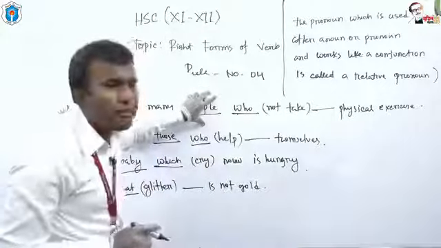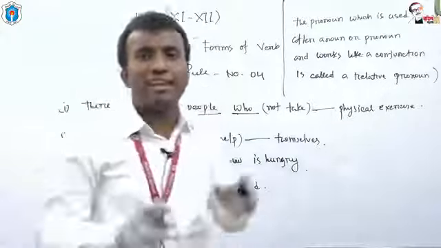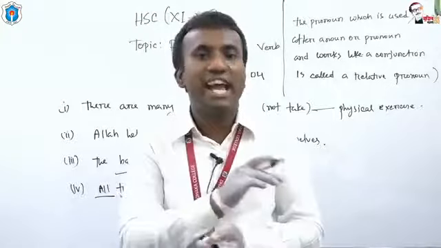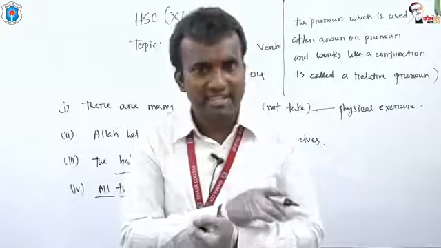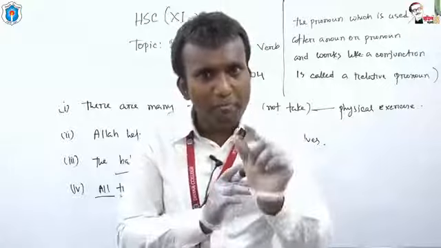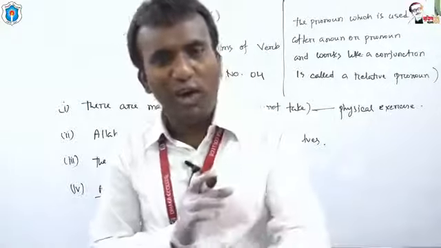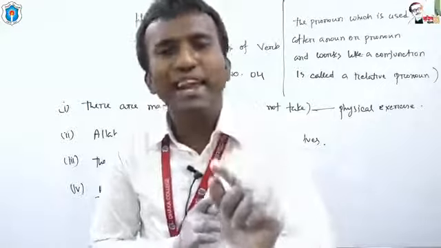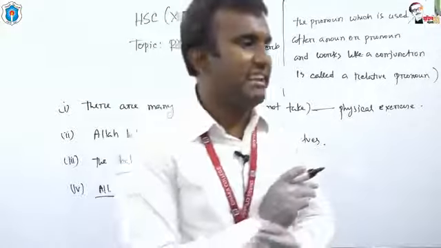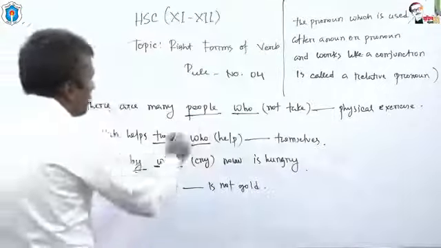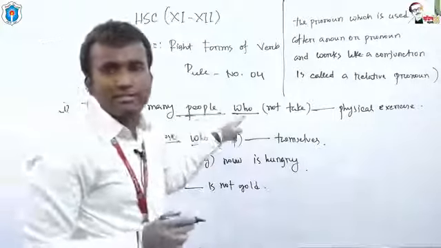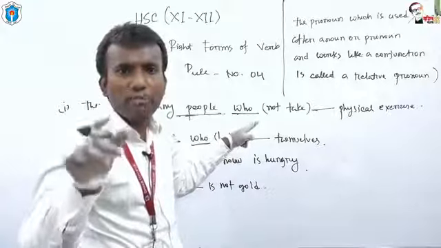This noun or pronoun, my dear students, is simply known as antecedent. The noun or pronoun used before a relative pronoun is simply known as antecedent. What is the antecedent of the first sentence?